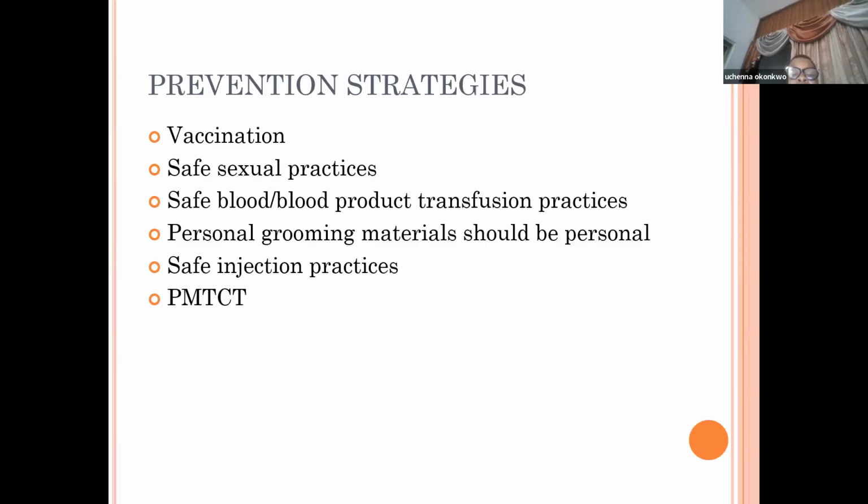And it was amazing how very little people knew about hepatitis and that there are vaccinations even for adults. There are vaccines for adults, there are vaccines for children, which is now part of the expanded program on immunization protocol for Nigeria and for most other countries.